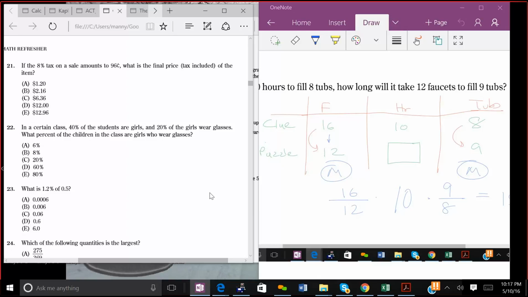So 8% on a sale amounts to 96 cents, so 96 cents is 8% of what number? Is what they're asking for, right? Yes, 96. First you do that.